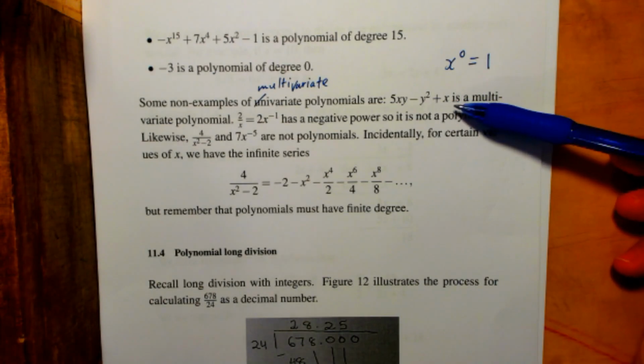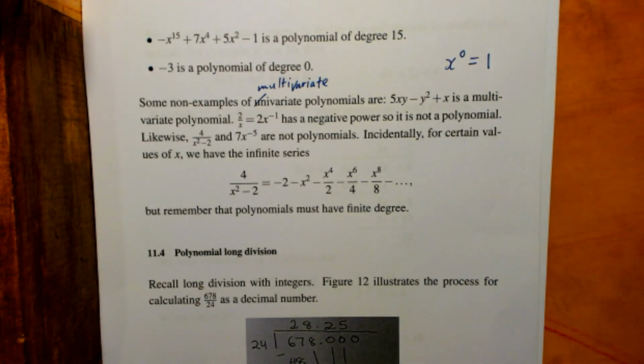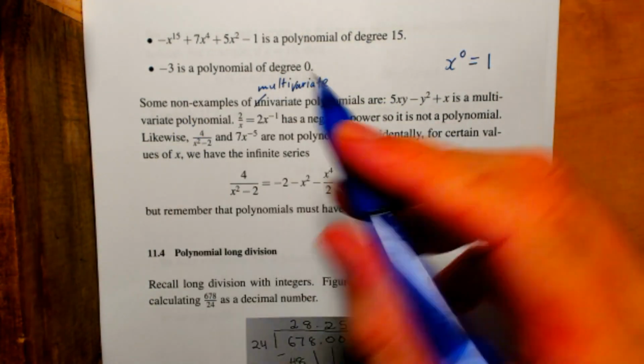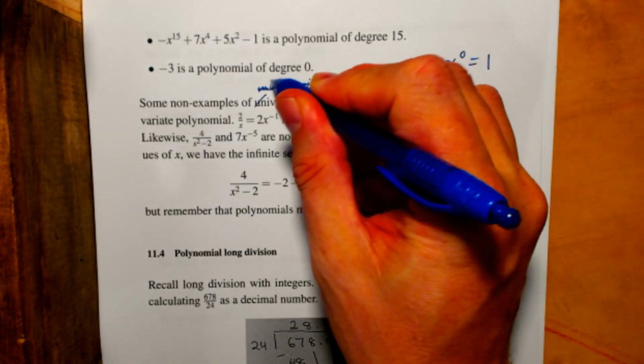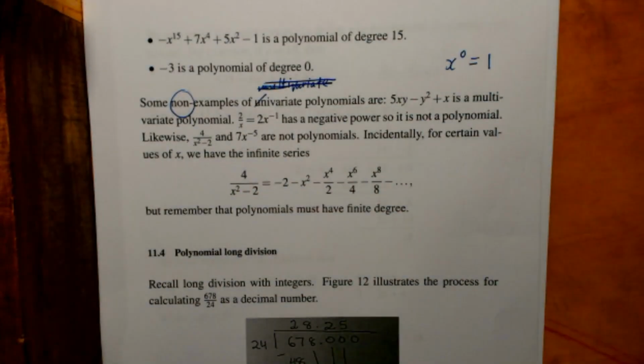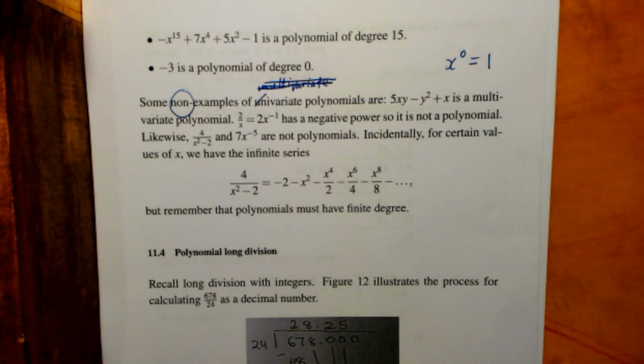So it's bivariate, 2 variables, which makes it multivariable. Oh, I see, non. I didn't read the word non. Okay. So I can get rid of this. That's okay. Some non-examples of univariate polynomials. So these are not univariate polynomials.